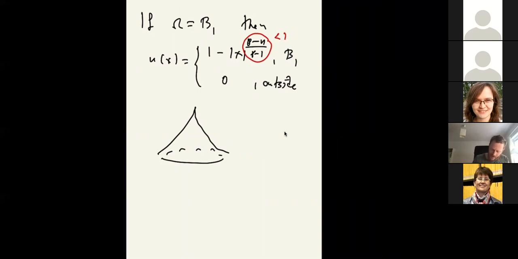And so just a comment before I try to explain a little bit what's known about these other inequalities, like the Poincaré inequality.